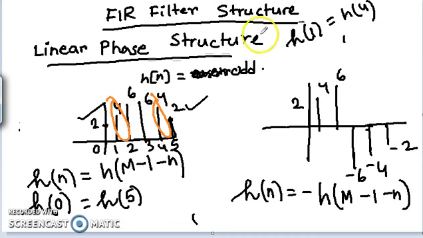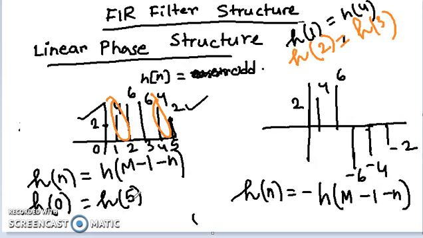Similarly, h of 2 must be equal to h of 3. So if the impulse response has this type of structure for the symmetric condition, then the filter structure will be linear phase in nature.